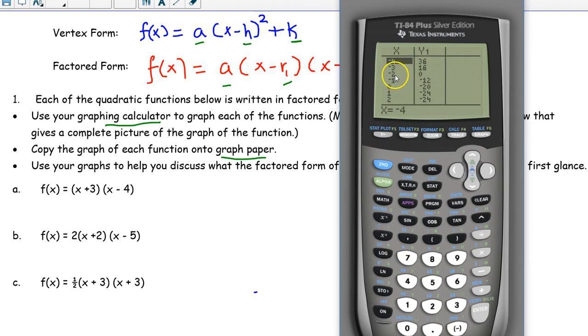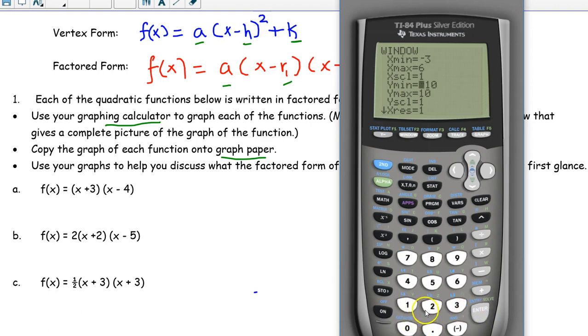For x, I'll start from negative 3 and go all the way up to 6. Window, negative 3, enter, 6, enter. Scale is alright with 1.